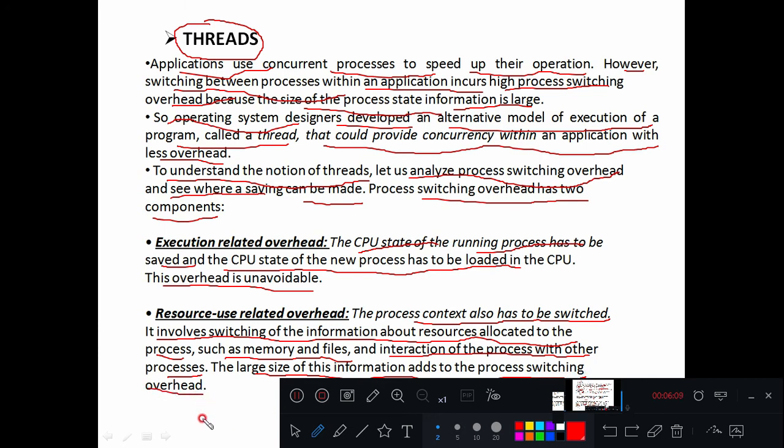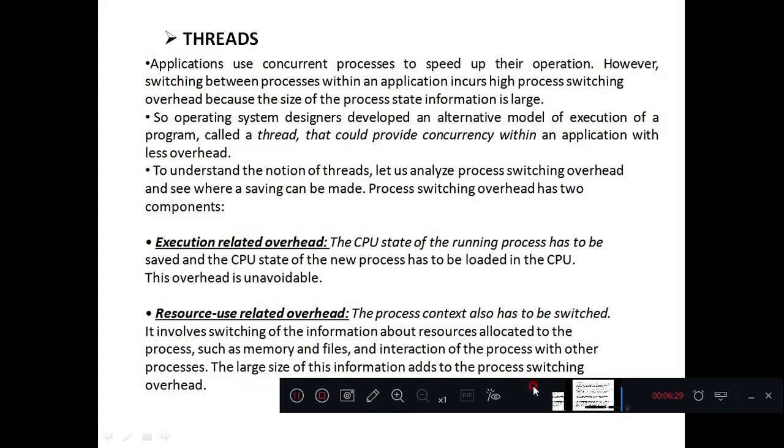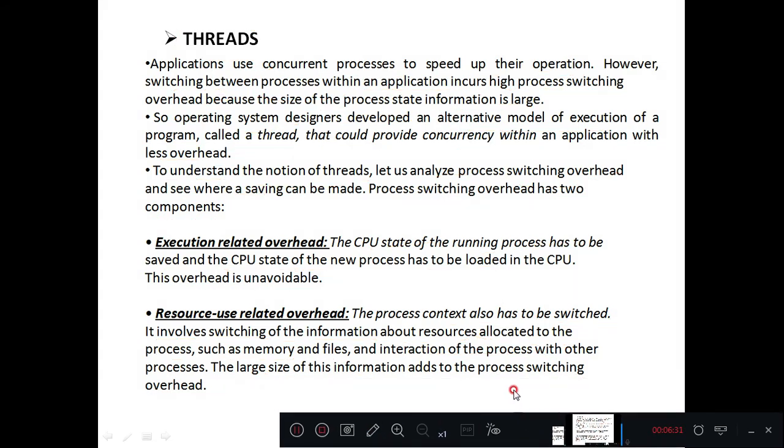We have already discussed the different fields of a process control block. All these process control block fields need to be modified whenever the process is switched, or whenever a process requests some kind of resources from the operating system, right? So this kind of overhead we cannot avoid in case of processes.